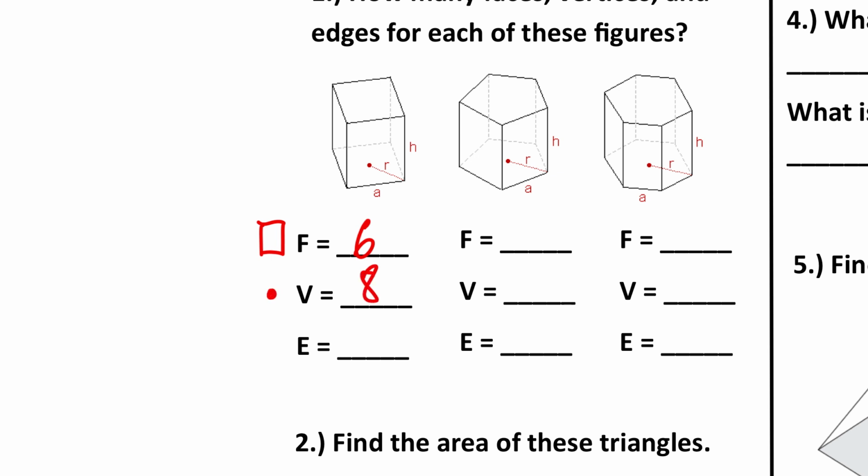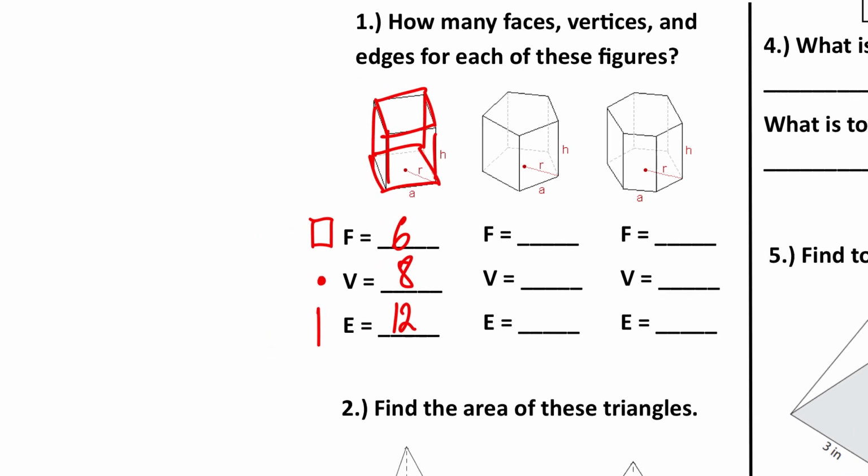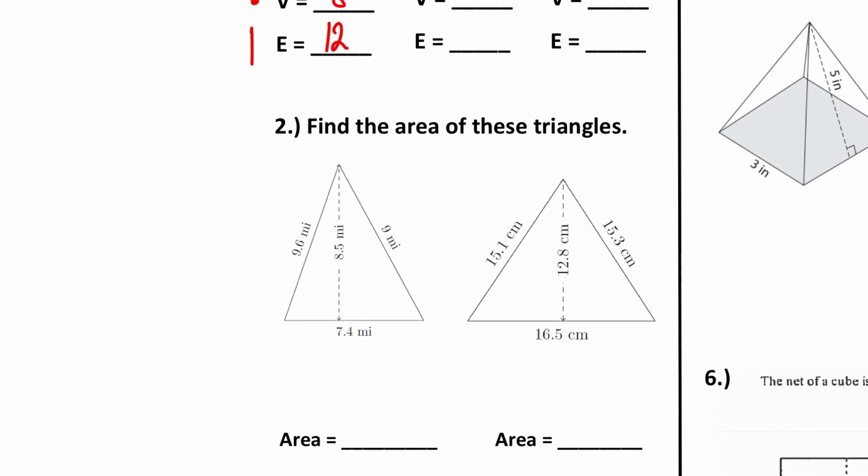It has 8. And then edges, lines where planes meet up. How many? It does have 12. I'll let you do the rest of those.